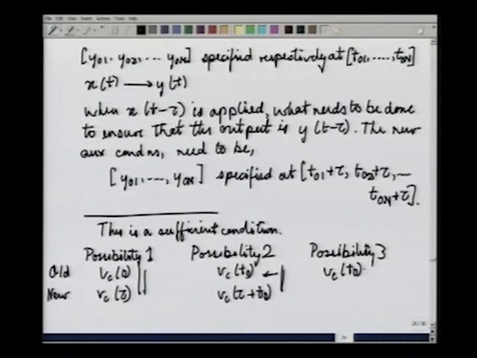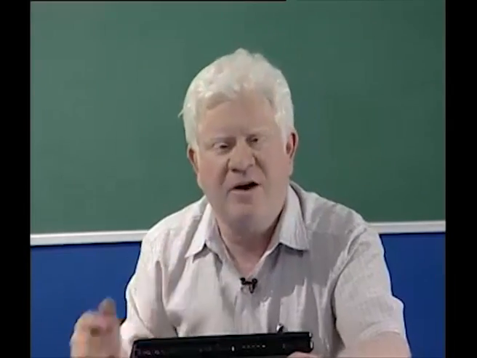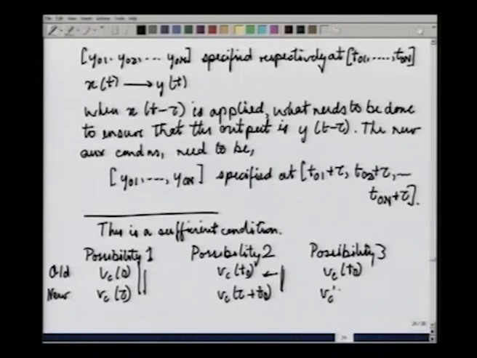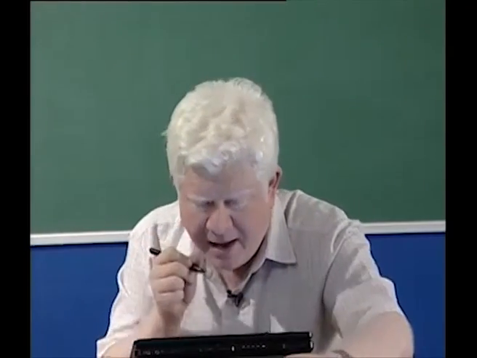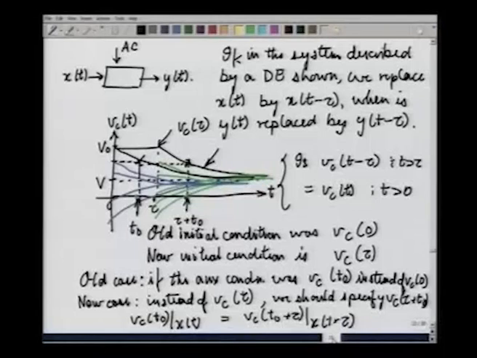But here, since we are changing the time instant, not shifting it by the same amount that the input got shifted, we will have a new value Vc dash at say some t1. What Vc dash of t1 should we choose? Not important. You can just go back to the previous diagram and see that suppose I choose say this as t1, then I just have to give this value as the auxiliary condition. This would be Vc dash at t1.